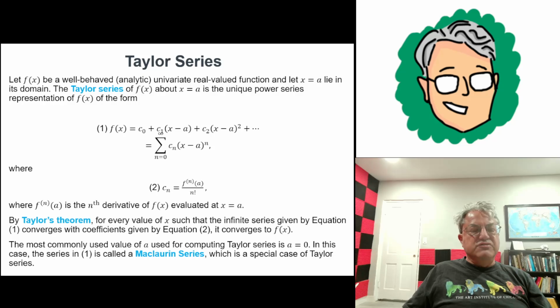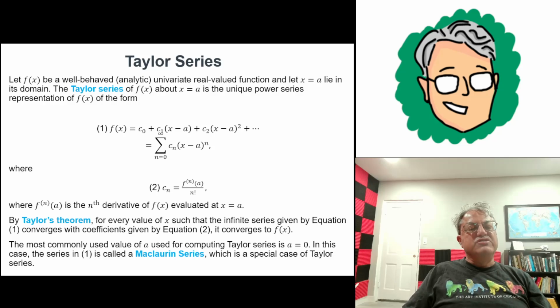And Taylor series are really nice. So here's what it looks like. Suppose you have this function f of x and you want to expand it as a series of powers of x minus a, where a is the point you're expanding about. So if x is close to a, then x minus a is small, and x minus a squared is even smaller, and x minus a cubed is even smaller than that, and so on.